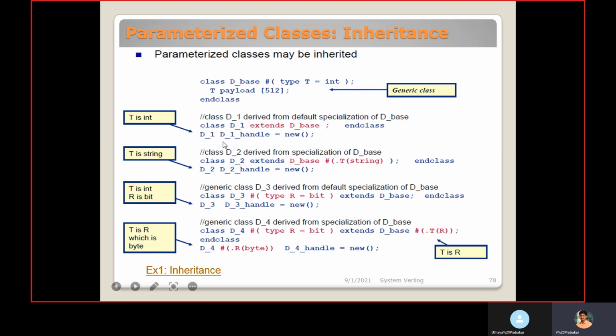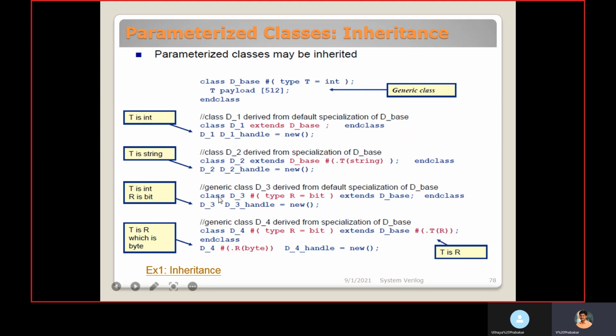So while inheriting, I make the type T as string. I am able to override here. So for D2, I create a D2 handle equal to new. In the D2 handle, if I mention T, that indicates a string data type.